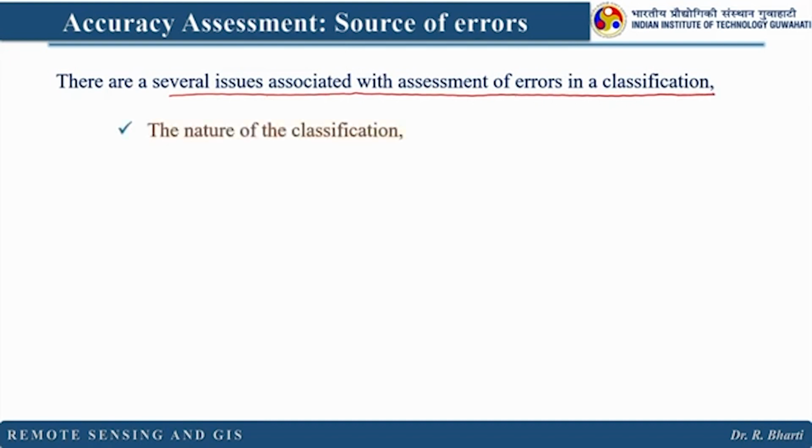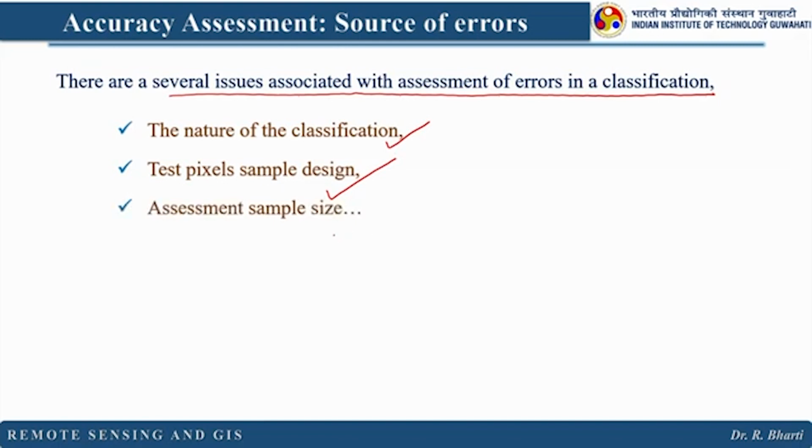The first one is the nature of the classification, the second one is test pixel design, and the third one is assessment sample size. The first one indicates the nature of the classification. Which algorithm you are using, depending on that you will have a certain accuracy.